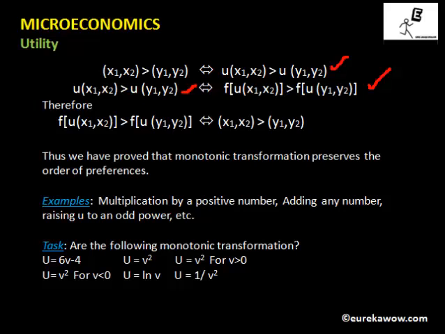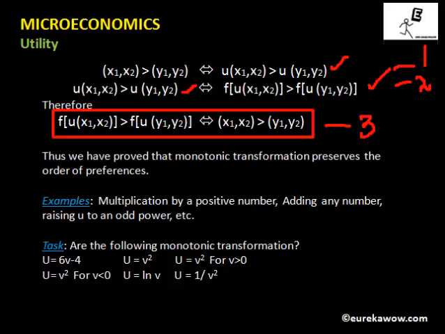From these two equations, equation 1 and equation 2, we can conclude equation 3, which says that if the consumer strictly prefers bundle x1, x2 to bundle y1, y2, then the consumer prefers f of u of x1, x2 to f of u of y1, y2. It can be given by this equation.